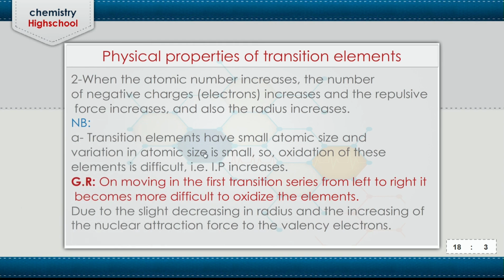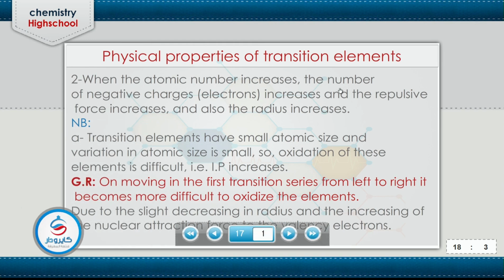Number two, when the atomic number increases, the number of negative charges, that means electrons, increases, and the repulsive force increases, and also the radius increases.